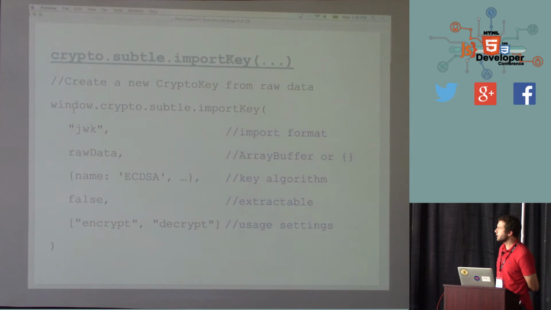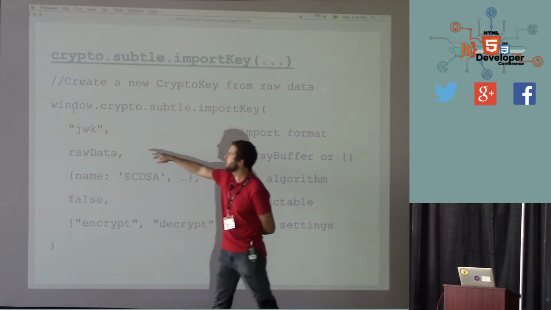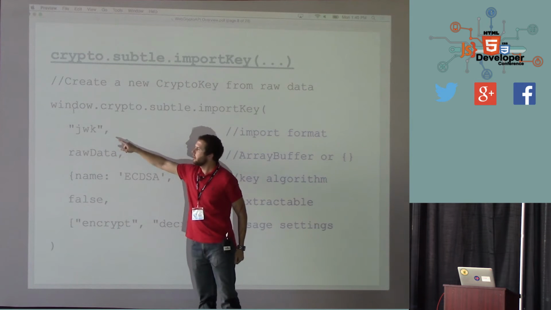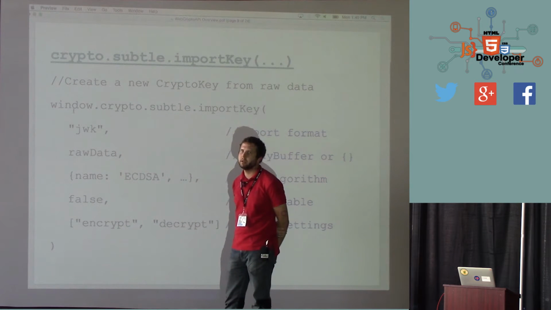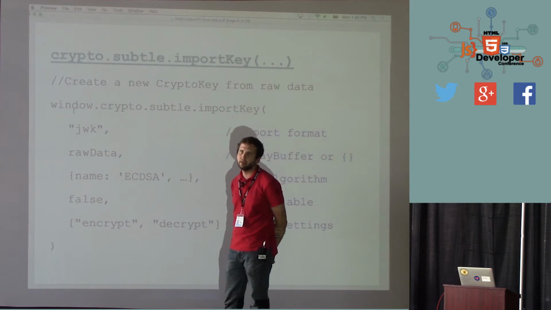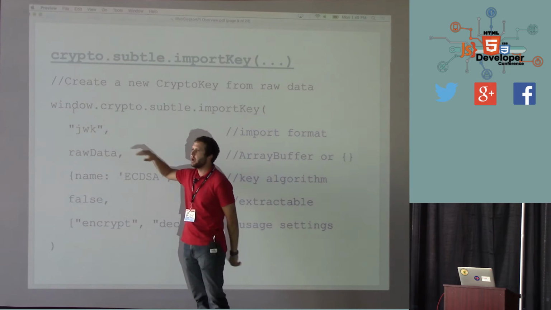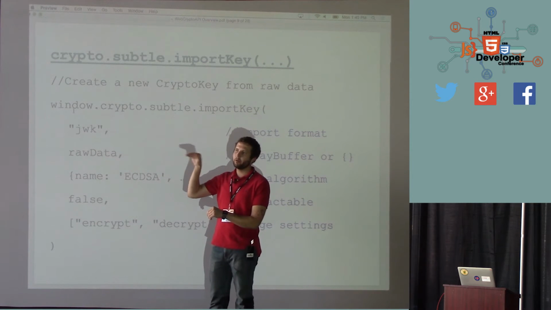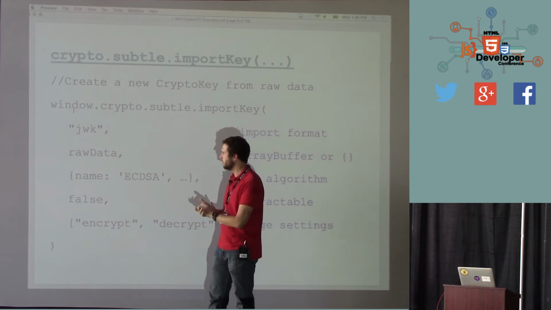All right, import key. So that's if you have a key from outside the browser or you saved it previously. So this is an import key function. You specify the name of the format that's incoming. The most common in web crypto is JSON Web Key, and so that's actually an object, and it has things like the algorithm, the number of bits, and the actual key data that's base64 encoded.